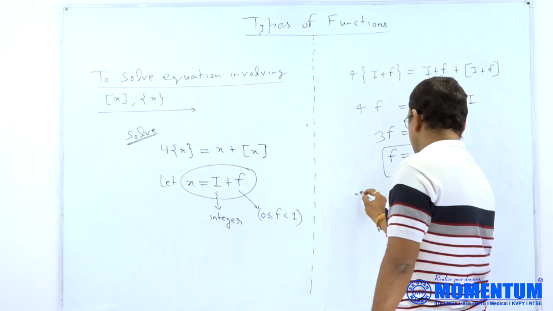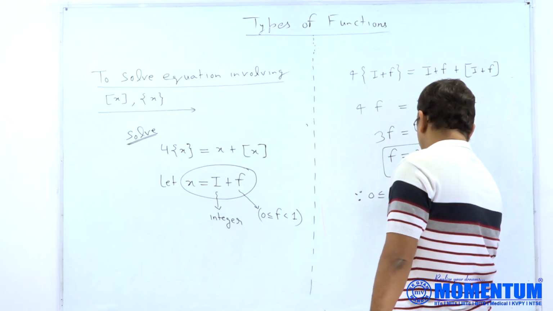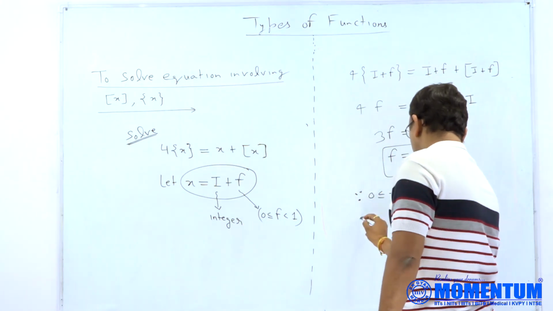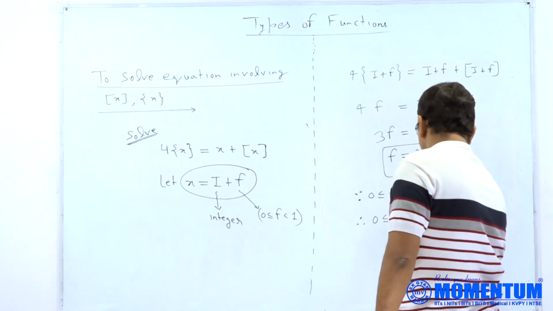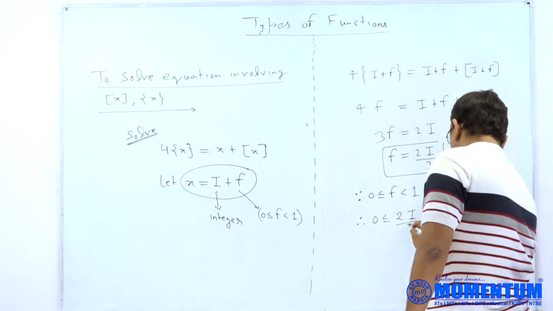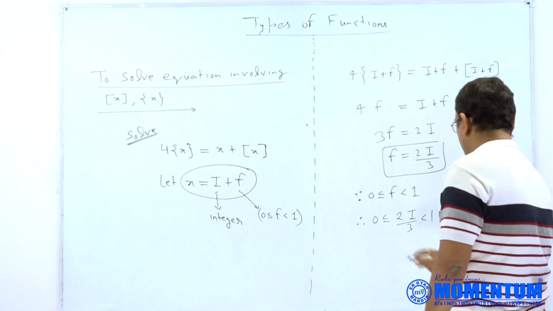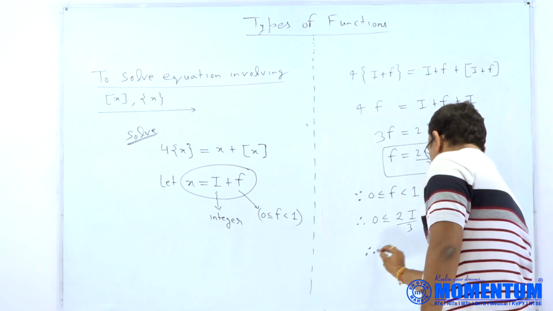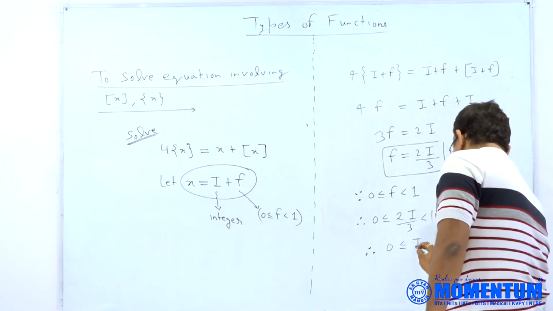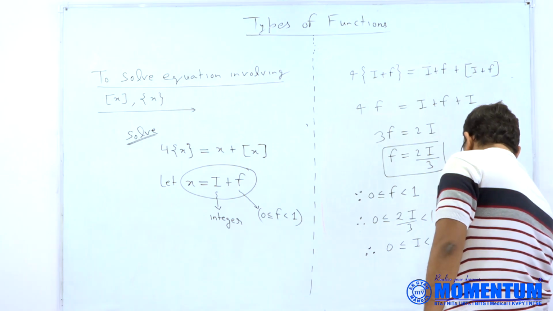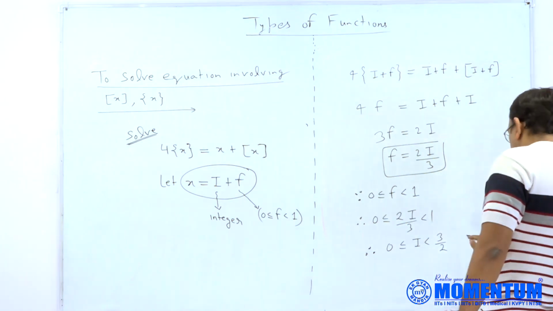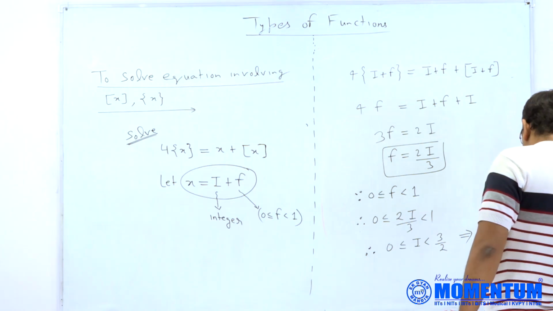Now since f is in between 0 and 1, 2i by 3 is in between 0 and 1, so I is in between 0 and 3 by 2, it implies that I is equal to 0 and 1.